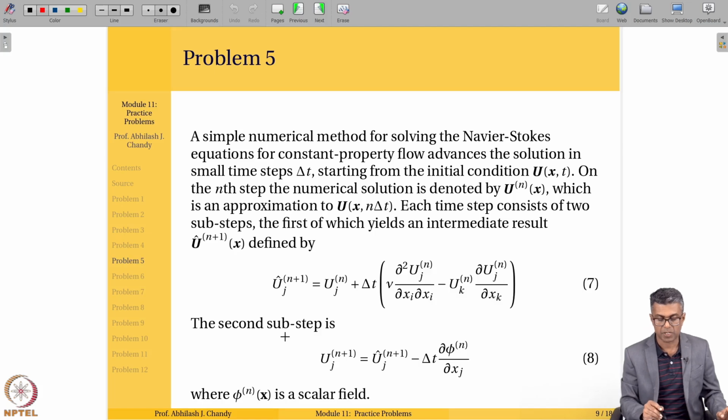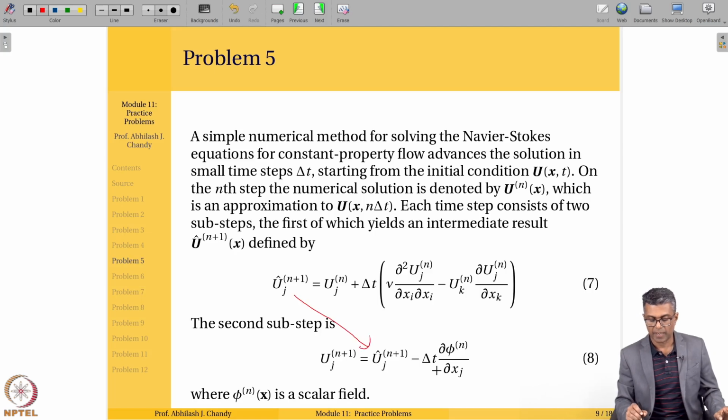The second substep is uj n plus 1 is equal to the u hat that comes from here minus delta t del xj of phi of n, where phi is some kind of scalar field.